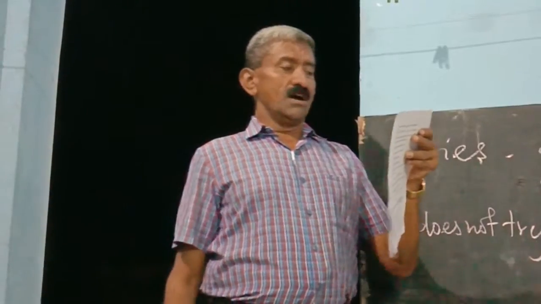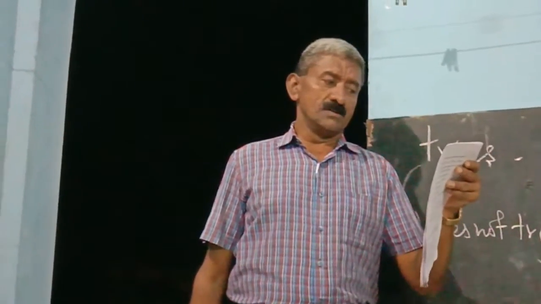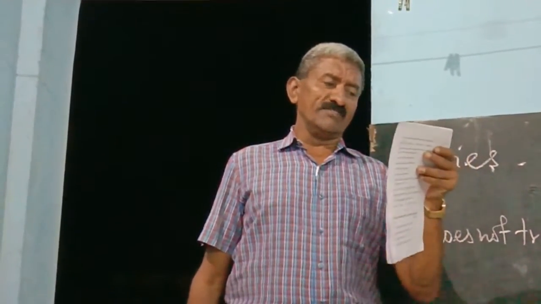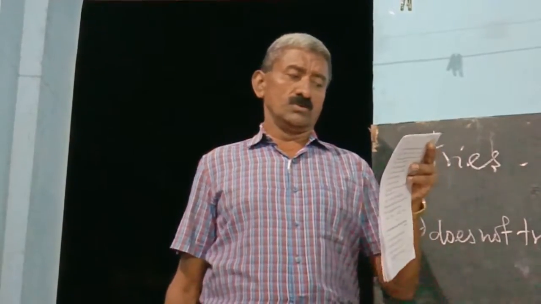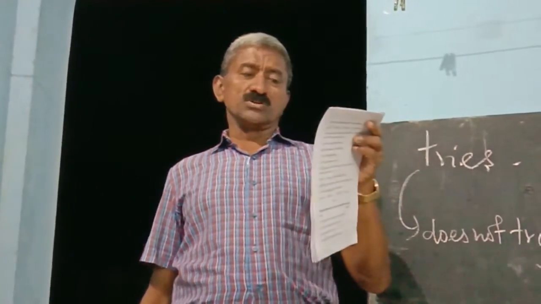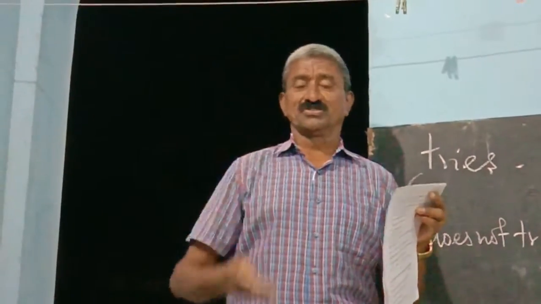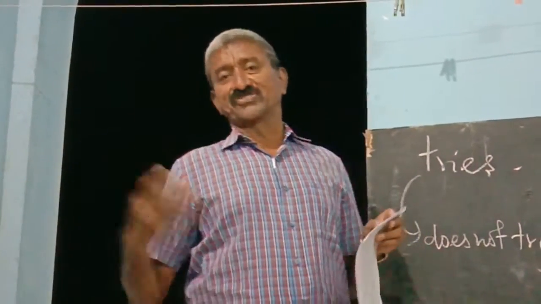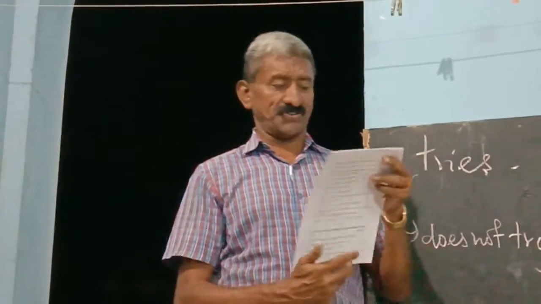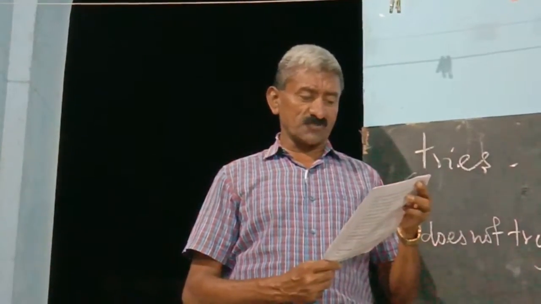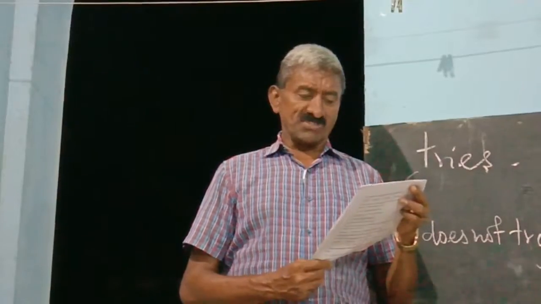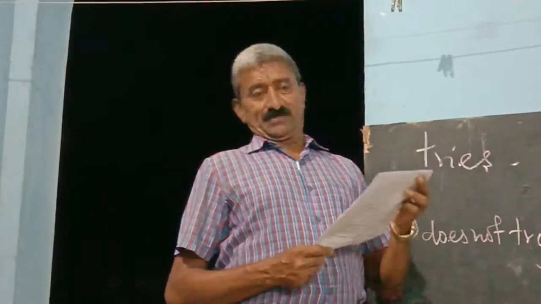22nd question. All the world's a stage, and all the men and women merely players. The question is, what is the world compared to? The world is compared to a stage, an acting stage or drama stage. Identify the figure of speech implied here. It's a metaphor.